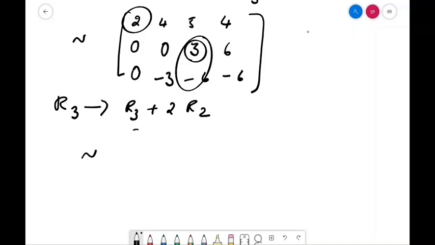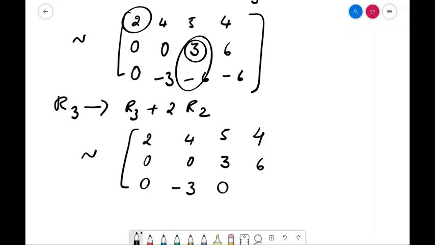This is transformed to 2, 4, 5 and 4, and then 0, 0, 3 and 6, then 0, minus 3, 0, and then minus 6 plus 12, which gives me 6 again. Now I have a pivot position in the second row. My work is done in this column.